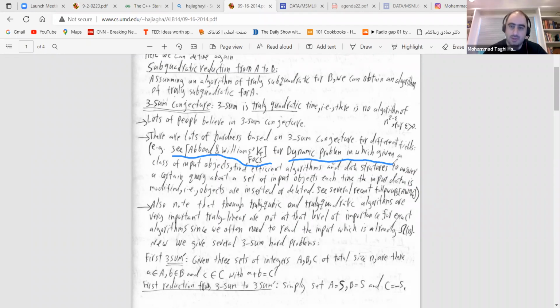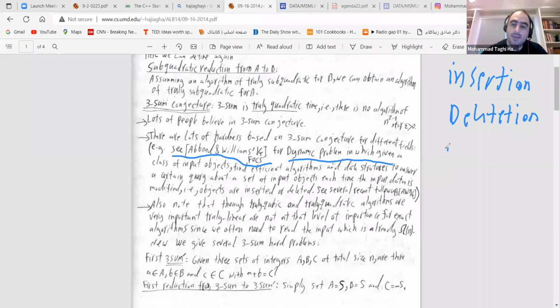So in the dynamic algorithm, we have both insertion and deletion. And the main thing that we want to bound is the update time.